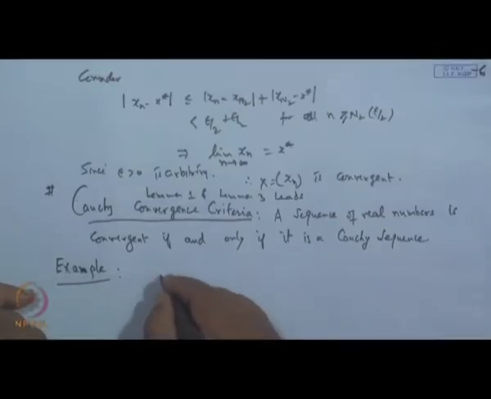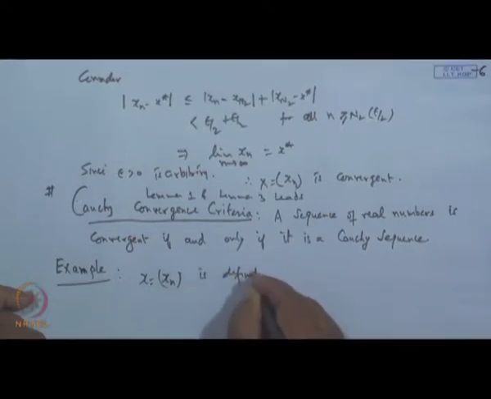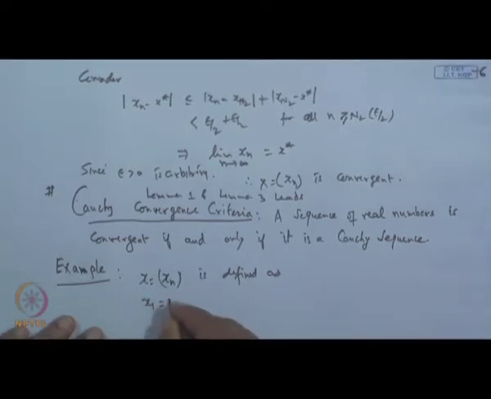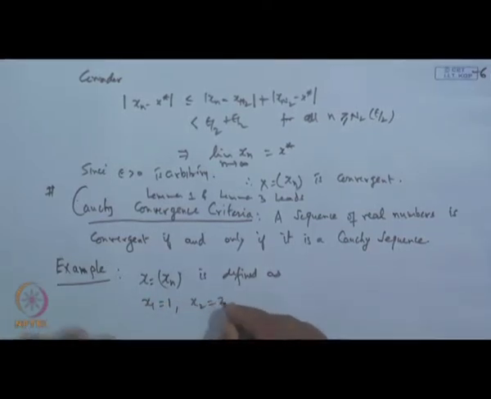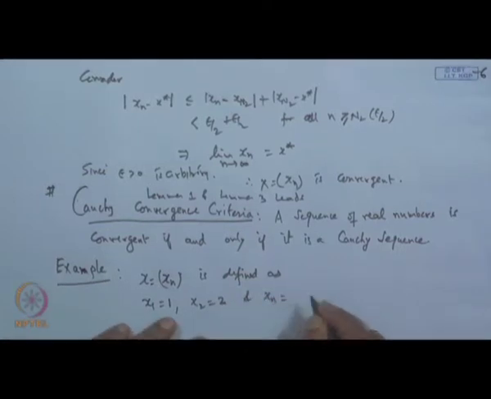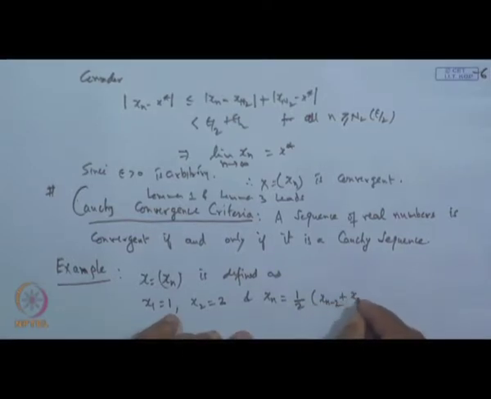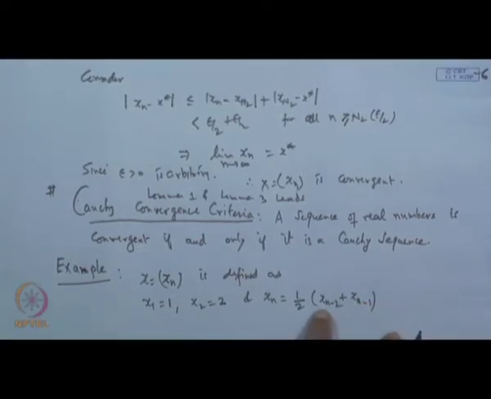identify the limits. For example, suppose a sequence x n is defined as x 1 equals 1, x 2 equals 2, and for the terms after the second, x n is obtained as the average of x n minus 1 and x n minus 2, that is, x n minus 1 plus x n minus 2 by 2.